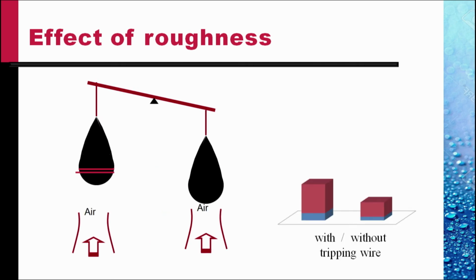This is so because there is very little pressure drag to begin with on a tear-shaped body, on a bomb-shaped body. The drag is dominated by the shear stresses.